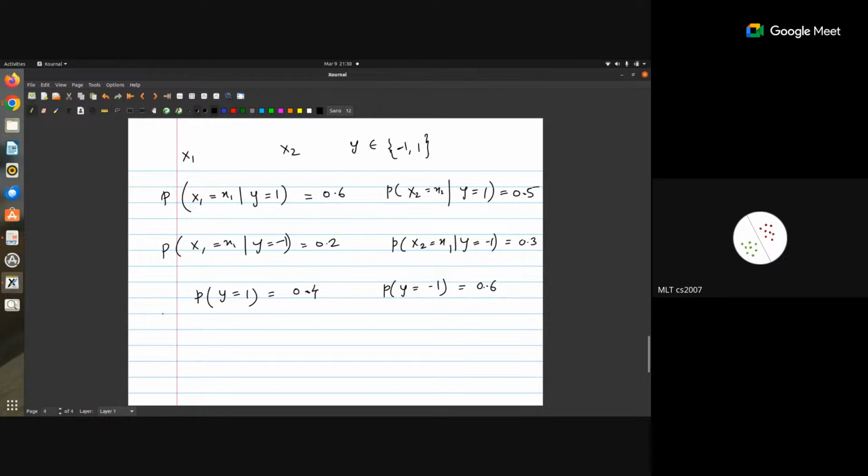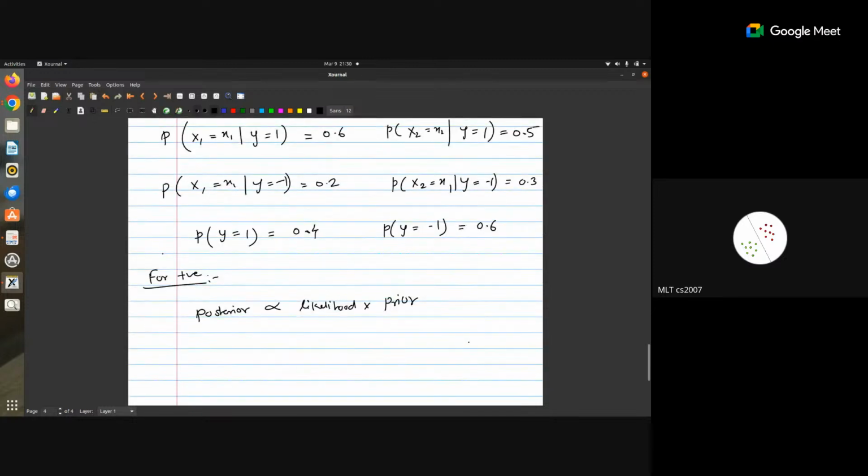So we'll have to find out the posterior for each of the classes. Let's say for the positive class, what is the posterior probability? Posterior is directly proportional to what? Likelihood into prior, right? Likelihood is basically the product of these probabilities, so 0.6 into 0.5 into the prior probability 0.4.